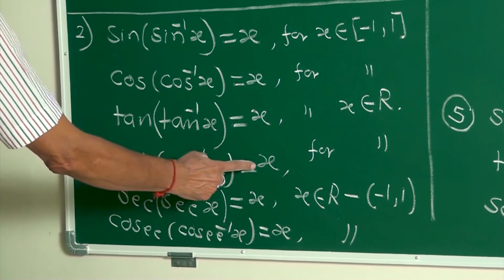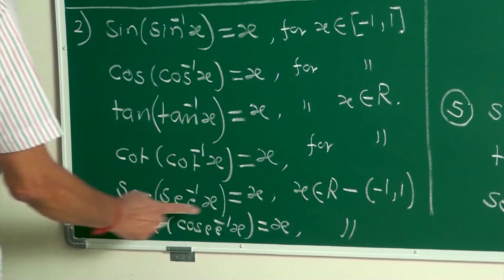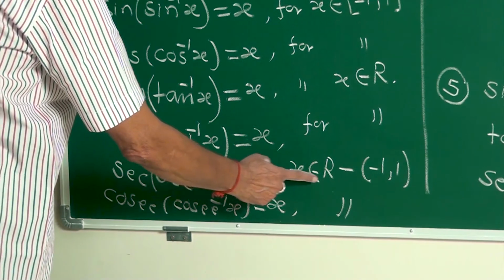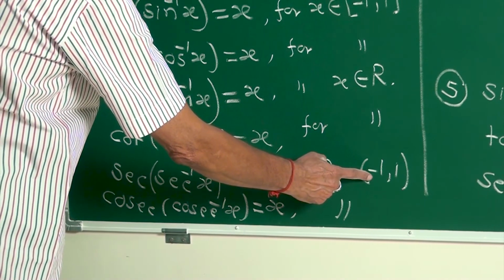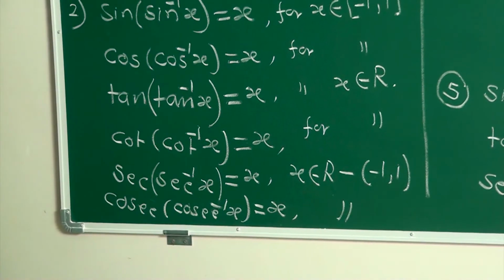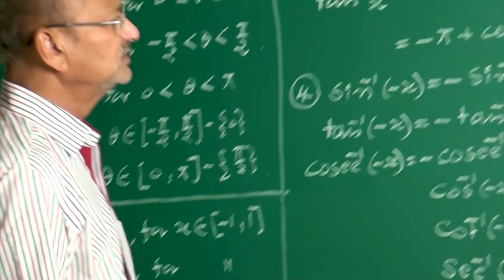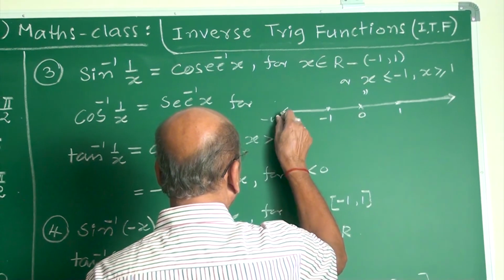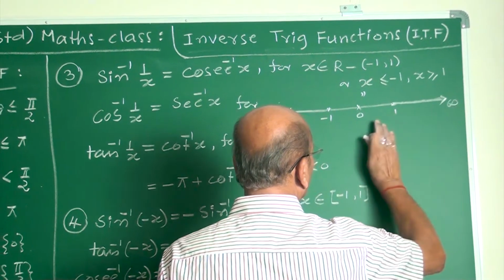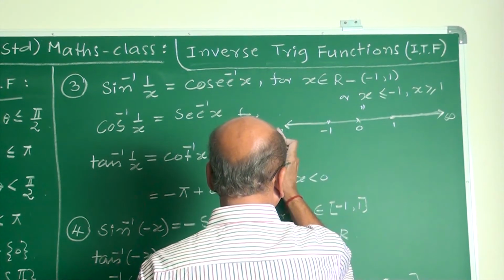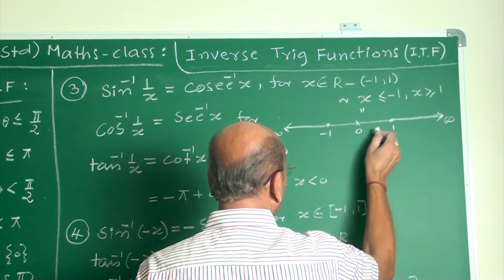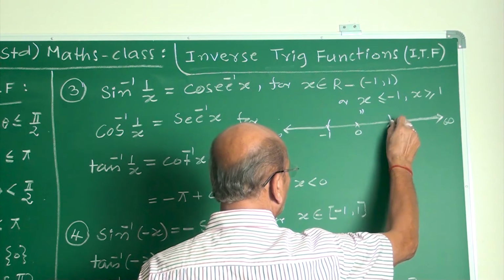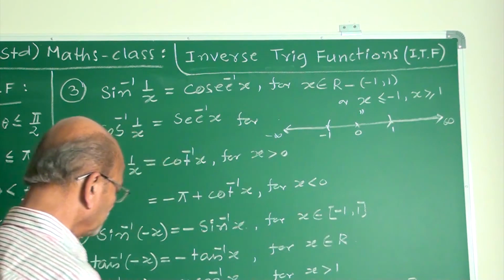Cot of cot inverse x equals x, for x belonging to R. Whereas for sec inverse and cosec inverse, x belongs to R minus the open interval minus 1 to plus 1. R is the entire minus infinity to plus infinity. Here x is greater than 1 or x is smaller than minus 1, the entire remaining set except the open interval minus 1 to plus 1.